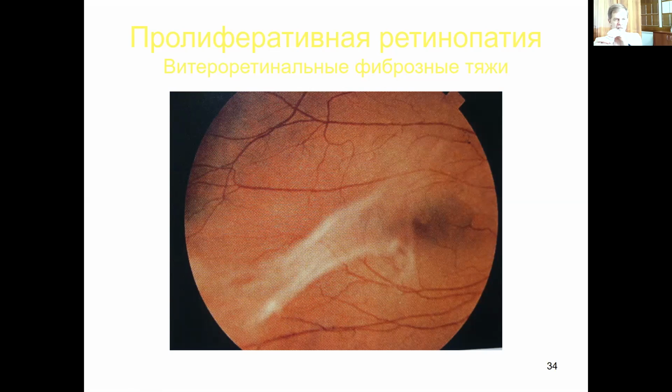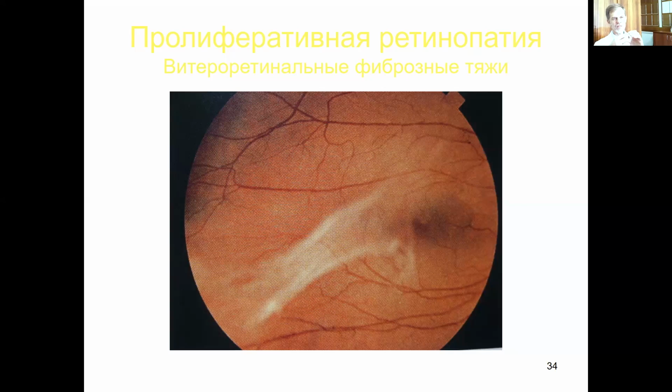And inside the eyeball, these new vessels are also very fragile. They also easily break down and easily produce leakages. Now we have hemorrhages not only in the retina, we have hemorrhages inside the vitreous, in the eyeball. Of course, again, this doesn't let light pass through. But a more serious complication may happen.